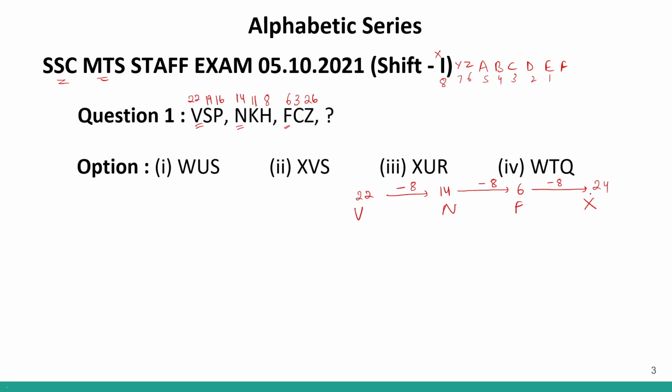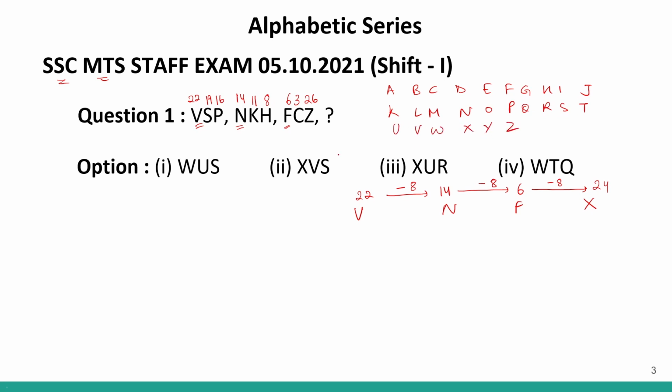Correct? Now let me write these alphabets really quickly, because if we are going back, it will be easier for you. Okay? So A, B, C, D, E, F, G, H, I, J, K, L, M, N, O, P, Q, R, S, T, U, V, W, X, Y, Z. Okay. Now, the second element is S, K and C. S is 19, K is 11 and C is 3.